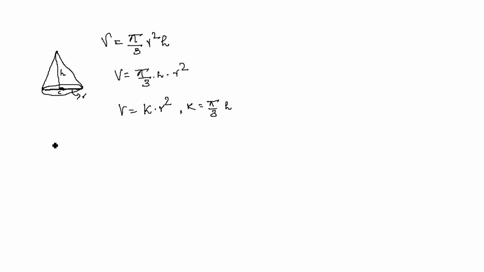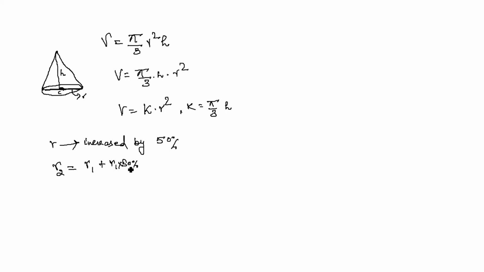So if r is increased by 50%, then r will be, suppose this is r2, so r2 will be r1 plus r1 into 50%.